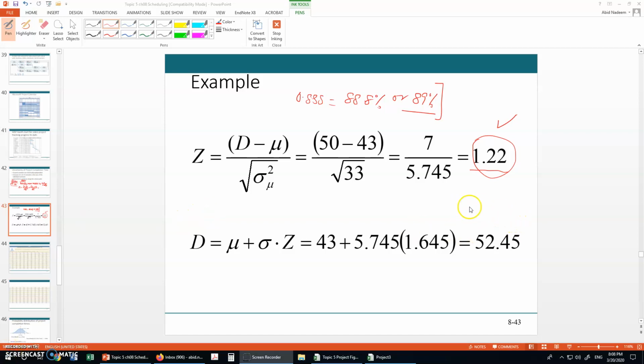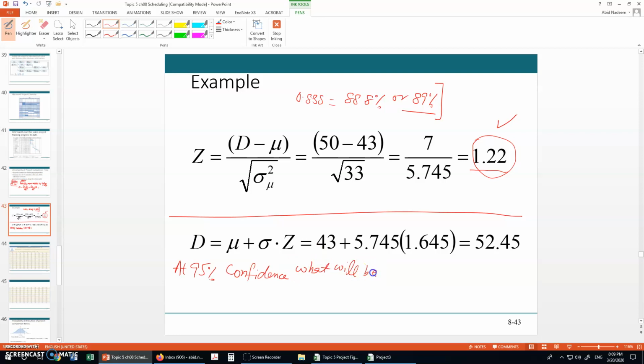These numbers are different. Maybe I ask: at 95% confidence, what will be the duration of the project?